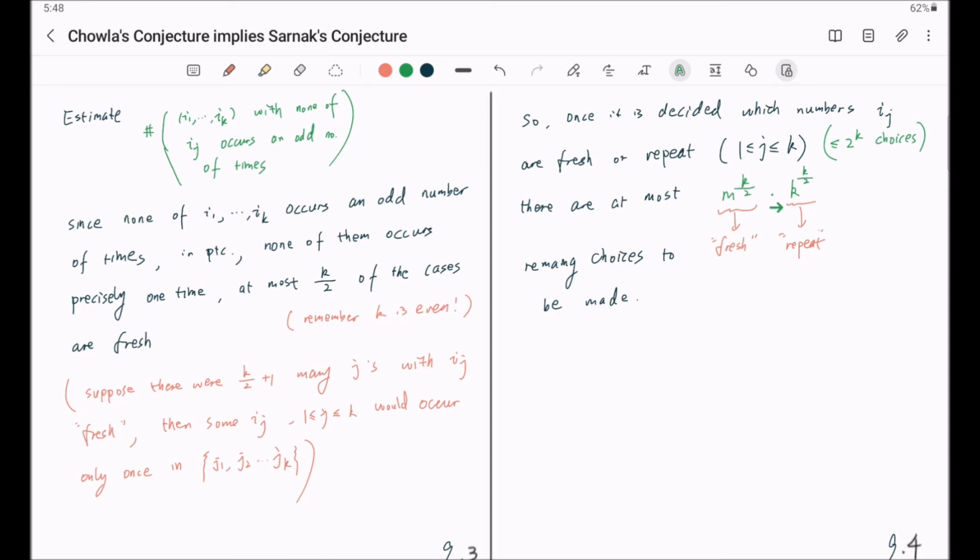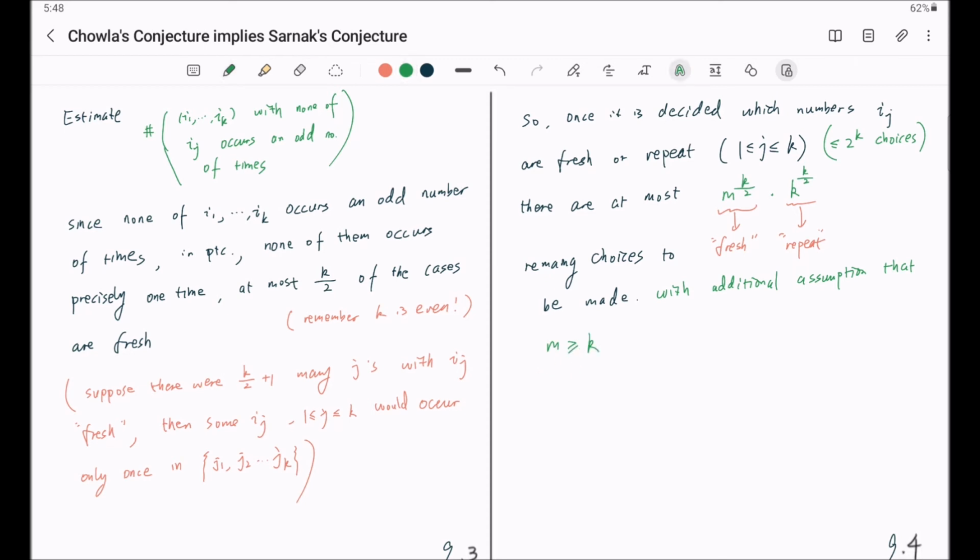Here, some of you may have already noticed that we have already implicitly used an additional assumption. This additional assumption is that m is greater or equal to k.